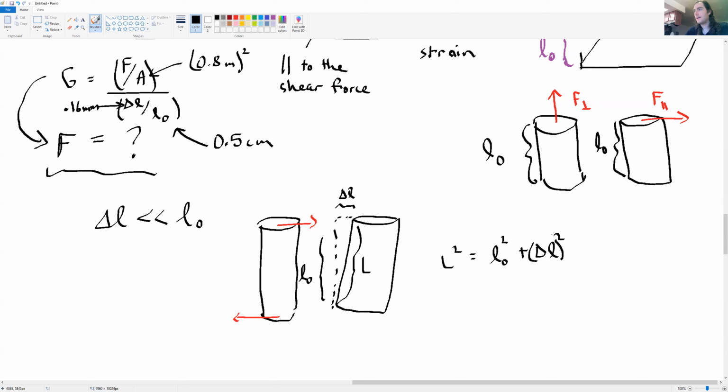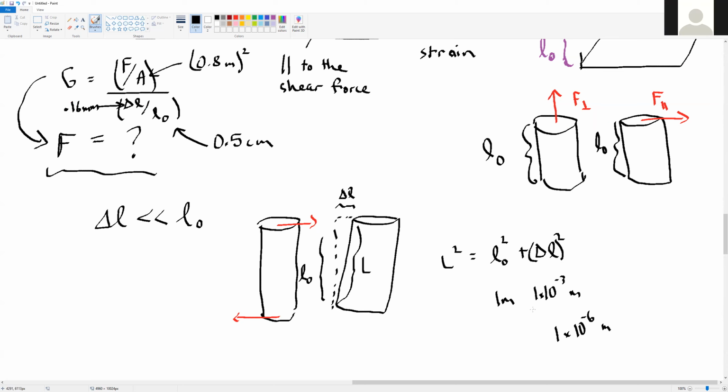And if delta L is small compared to L0, then delta L squared is even smaller, right? So let's say L0 is 1 meter, and let's say delta L is 10 to the minus 3 meters, or in other words, a millimeter. Then delta L squared would be 10 to the minus 6, right?